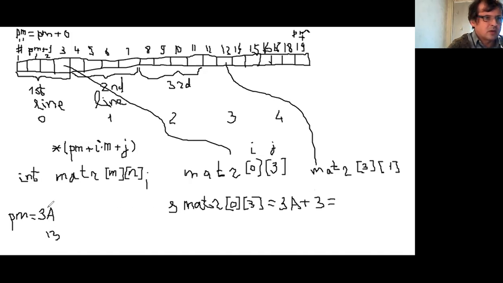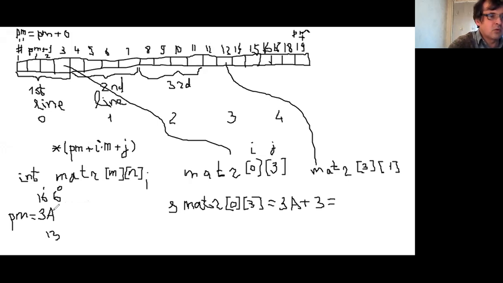So first 16. A is 10, but second 16 times 3. Yes, I'm sorry. It corresponds to 16 in power 0, and this corresponds to 16 in power 1. Okay, 16 in power 1.